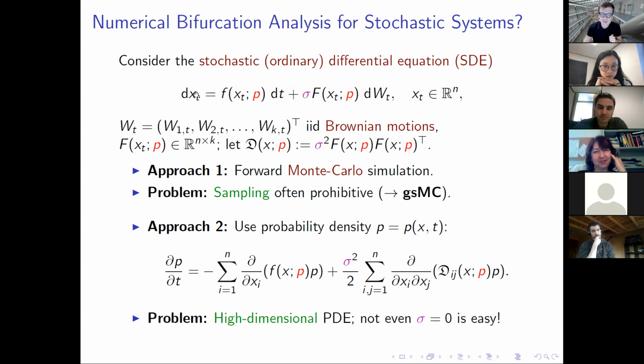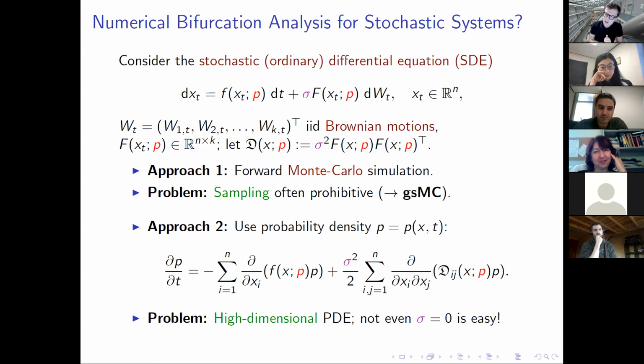If X were, say, 5-dimensional, this would be a 5-dimensional PDE in space. That's already almost hopeless. For a really big complex biological system, this might be a 100-dimensional, highly nonlinear PDE, and that's basically intractable. So doing the PDE is somehow out.